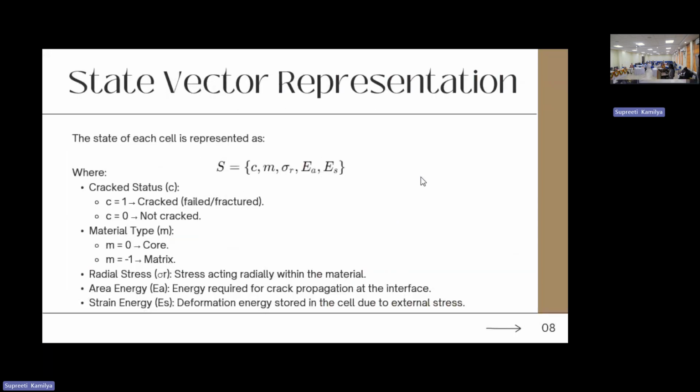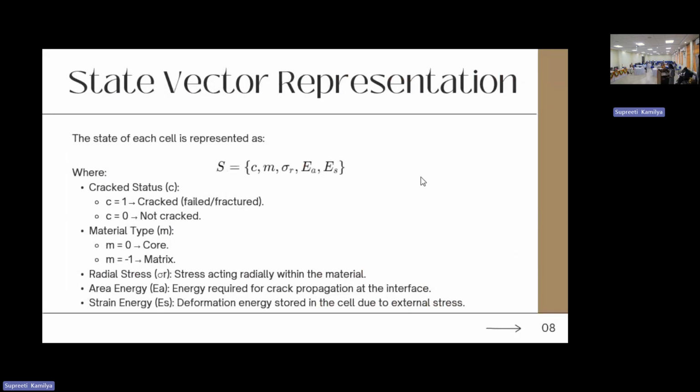And this is the state vector representation. Each cell's state will be represented by each of these 5 parameters. Whether the cell is cracked or not is the first one. The second one is whether the cell is part of the core or the matrix, because based on that, our expressions of stress are changing.